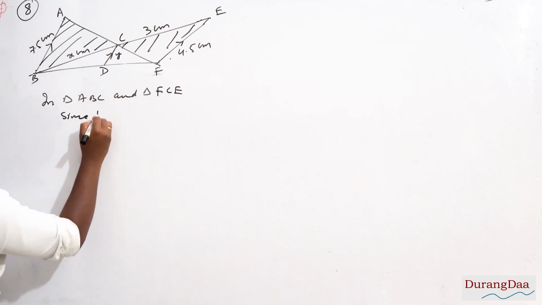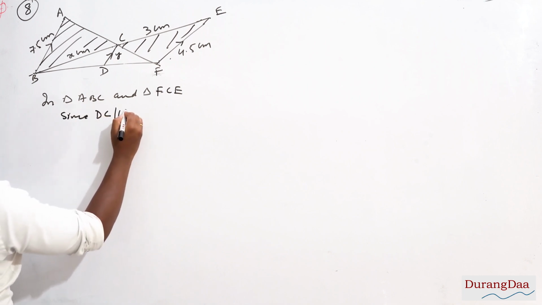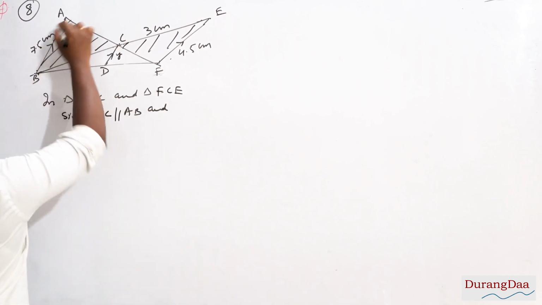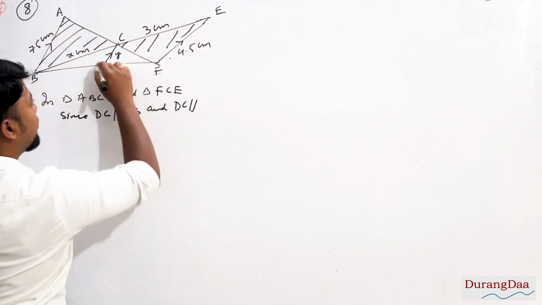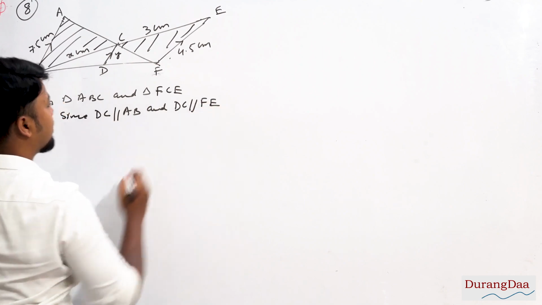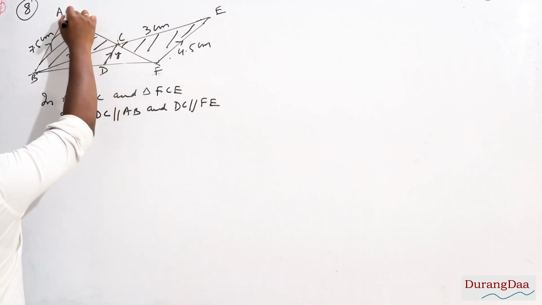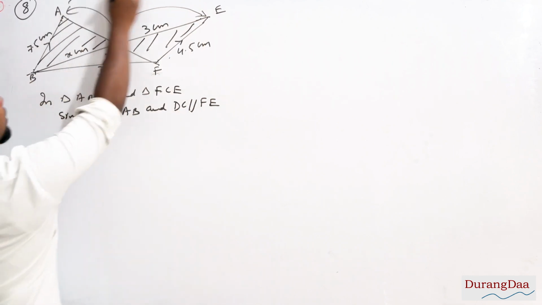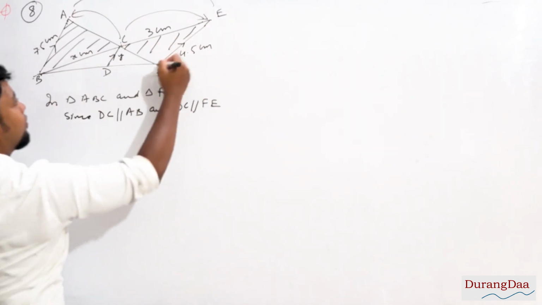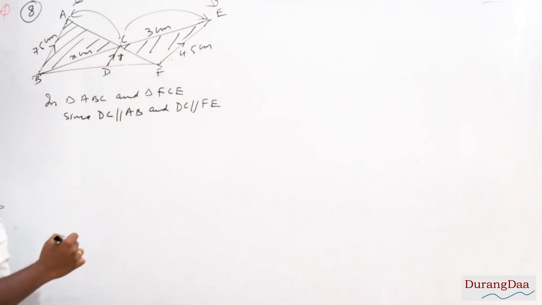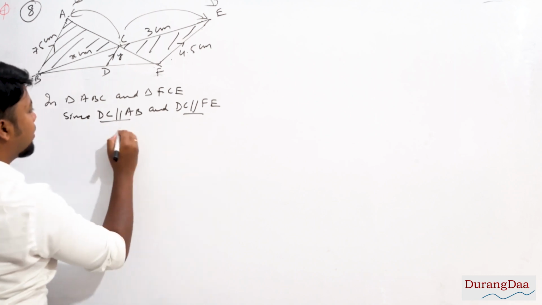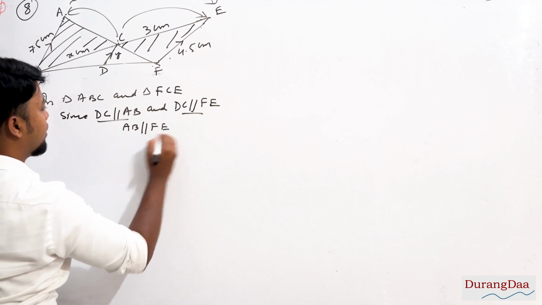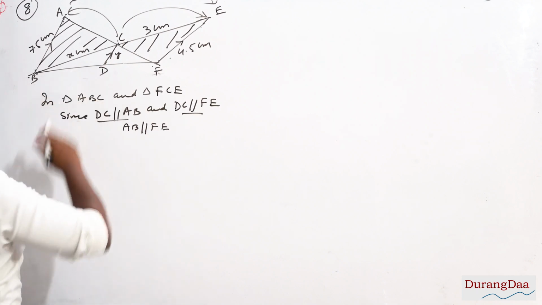Since DC is parallel to AB and also DC is parallel to FE, that means AB and FE will also be parallel to each other. So using this I can just write AB is parallel to FE. Now it will be easier for us to prove them similar.